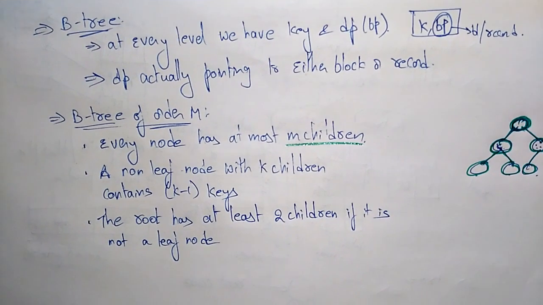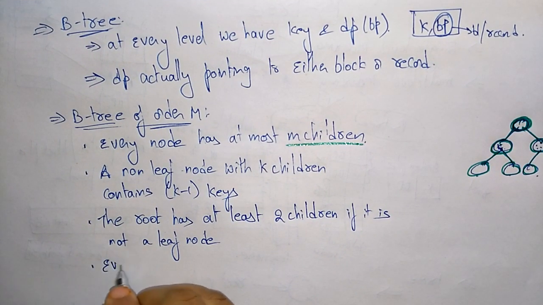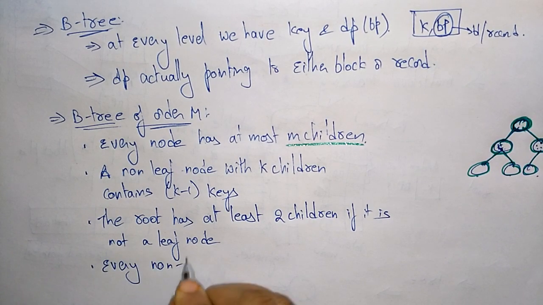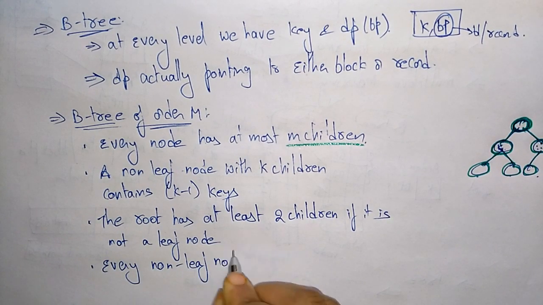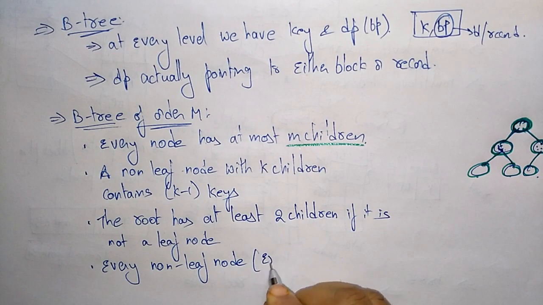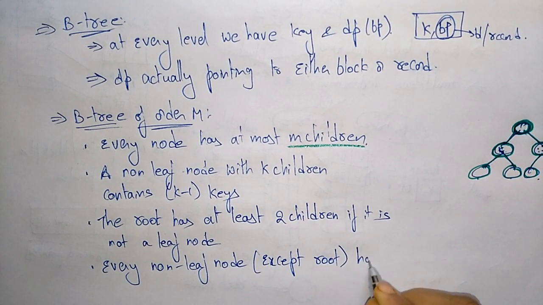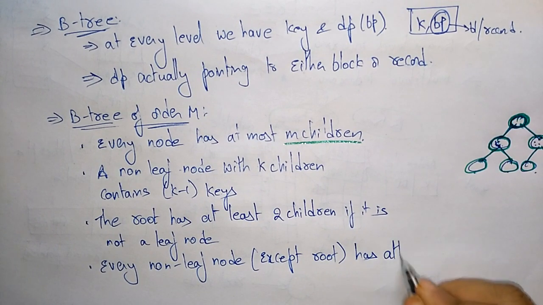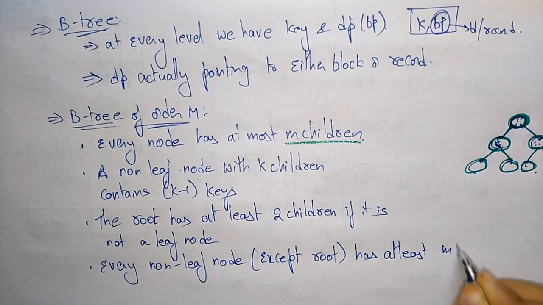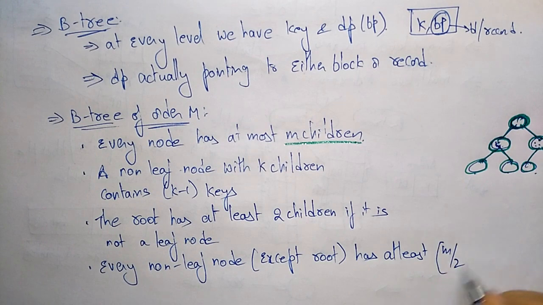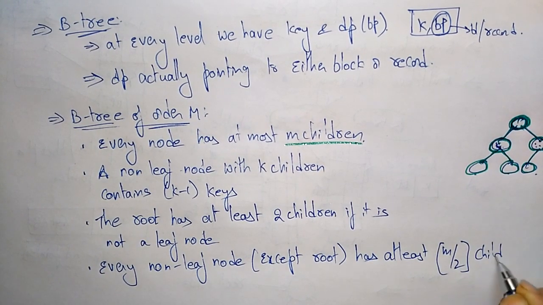At least 2 children should be there. So next, every non-leaf node except root node has at least m by 2 children. So what does it mean?